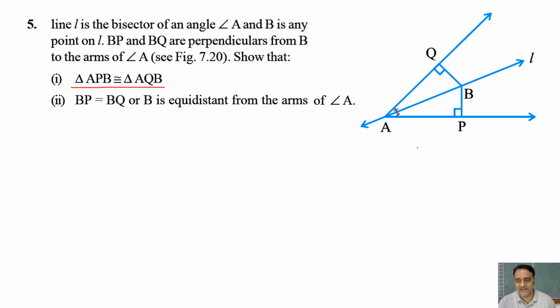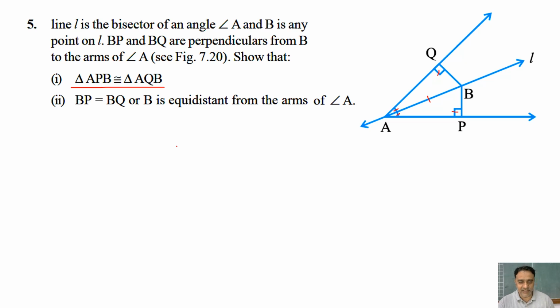Why? L is the bisector of angle A. Very good. And these two angles are equal? Each 90 degree. And what about this side? Common side. So these two triangles are congruent by which criteria? Angle side. Right, very good.